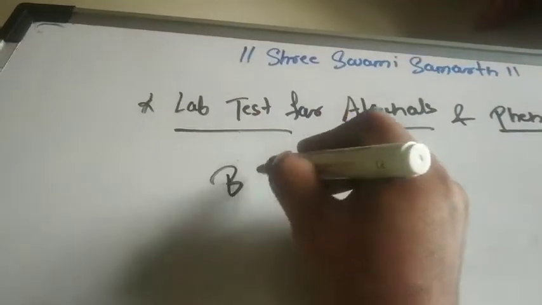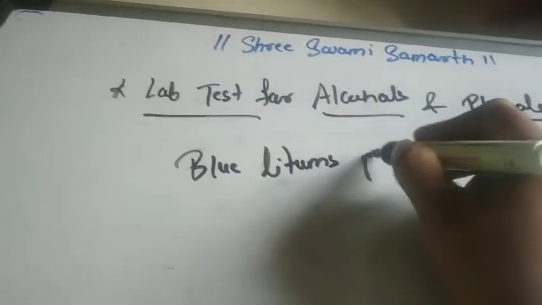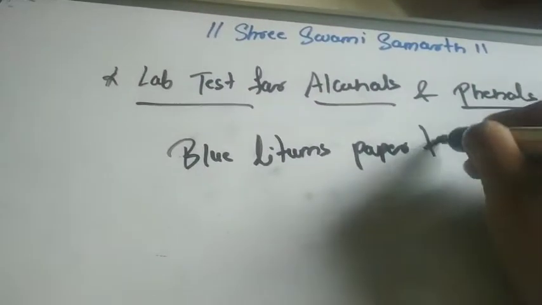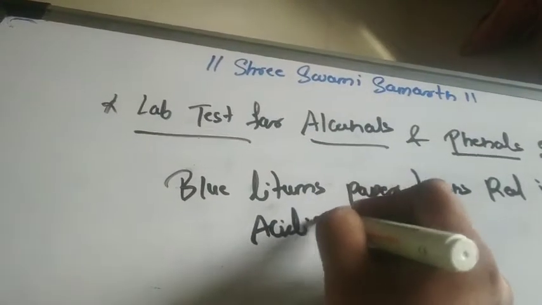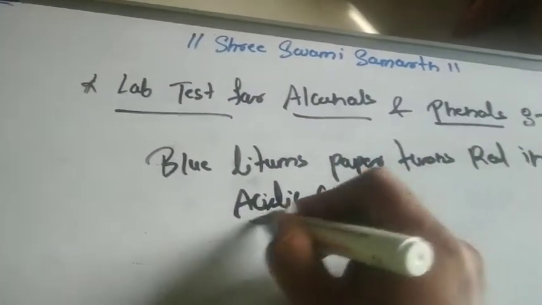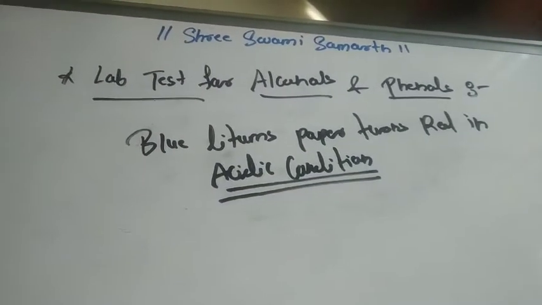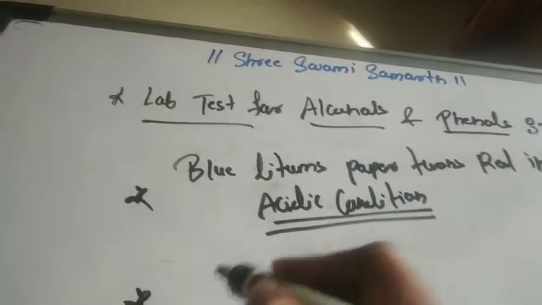See, blue litmus paper turns red in acidic condition. Blue litmus paper turns red in the acidic condition. This is rule number 1.